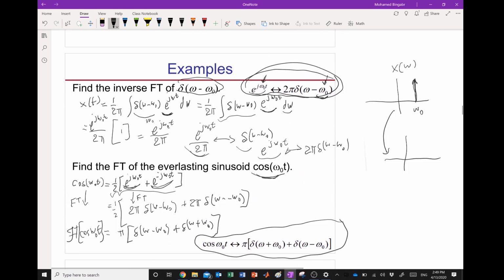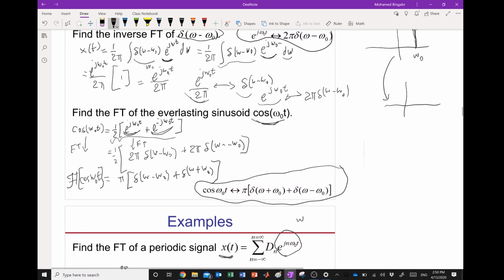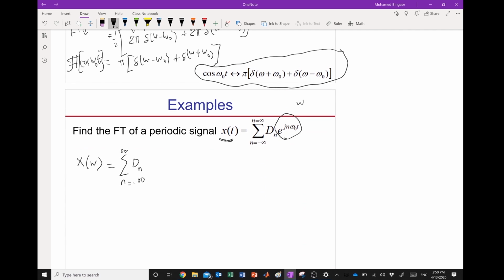We found it here. The Fourier transform of an exponential is just 2π times an impulse at the location of ω0. So the Fourier transform of this will be just δ(ω − nω0). And that's X(ω), the Fourier transform of this periodic signal.